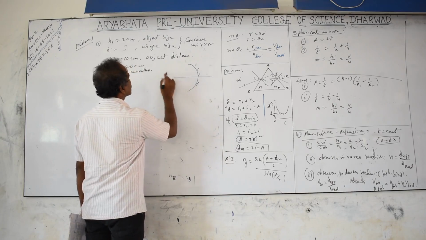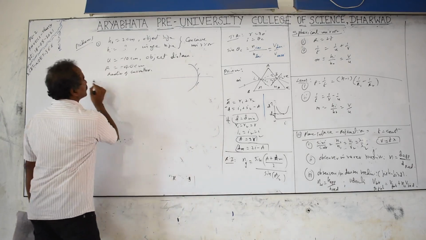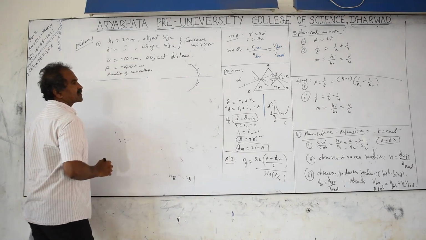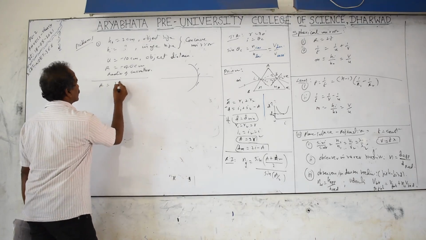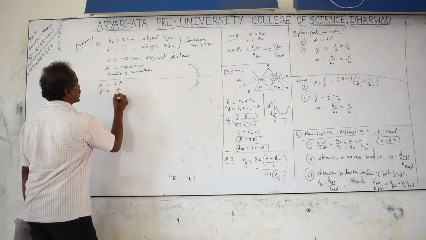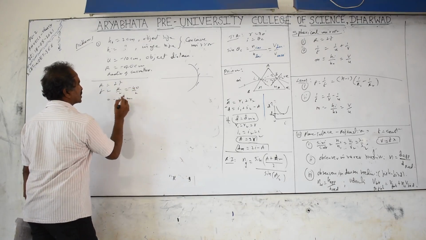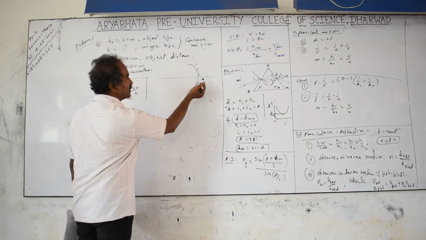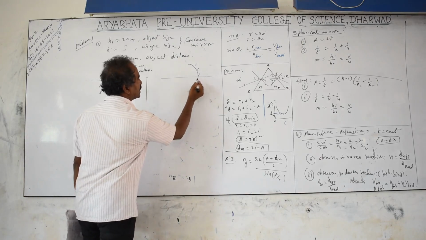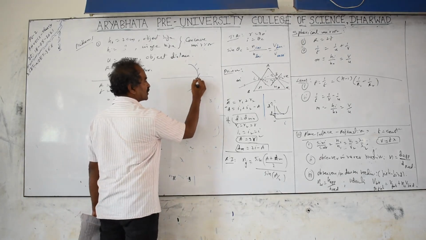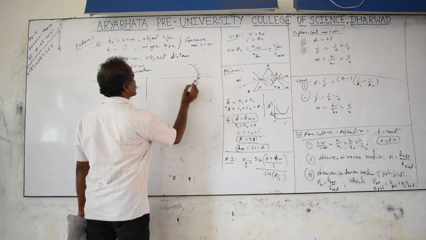We keep the object somewhere, and we need to find the focal length. The relation between focal length and radius of curvature is R equals 2f, so f equals R by 2, which is 40 by 2, which is minus 20 centimeters. Minus simply indicates the left side of the mirror. The center point of the mirror is the pole, take it as origin, and distances to the left side are negative.